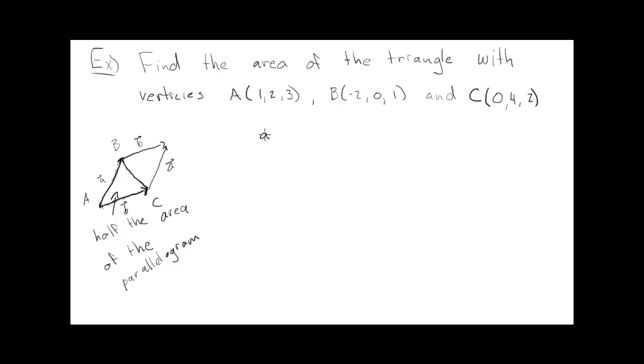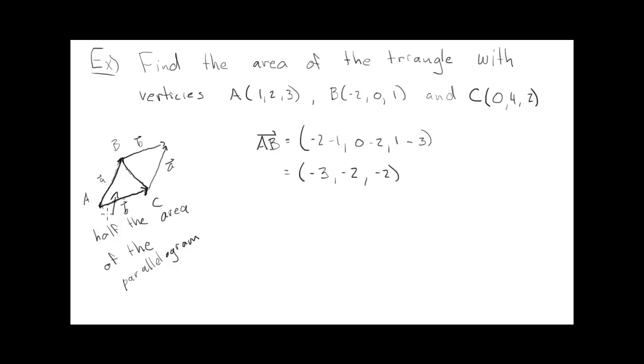Okay, so the first thing we're going to need to do is figure out vector A. Actually, let's not call it vector A. Let's call it vector AB. This vector AB is equal to the B components minus the A components. So it'd be minus 2 minus 1, 0 minus 2, 1 minus 3. So vector AB is negative 3, negative 2, negative 2.